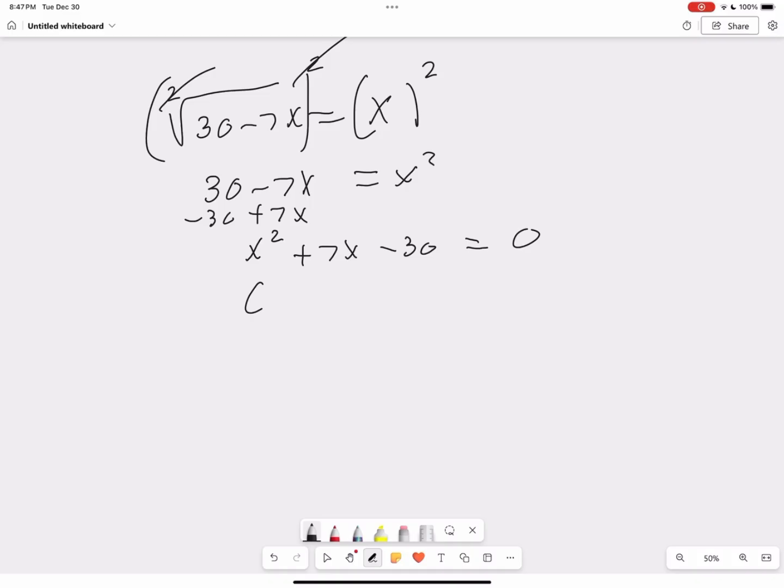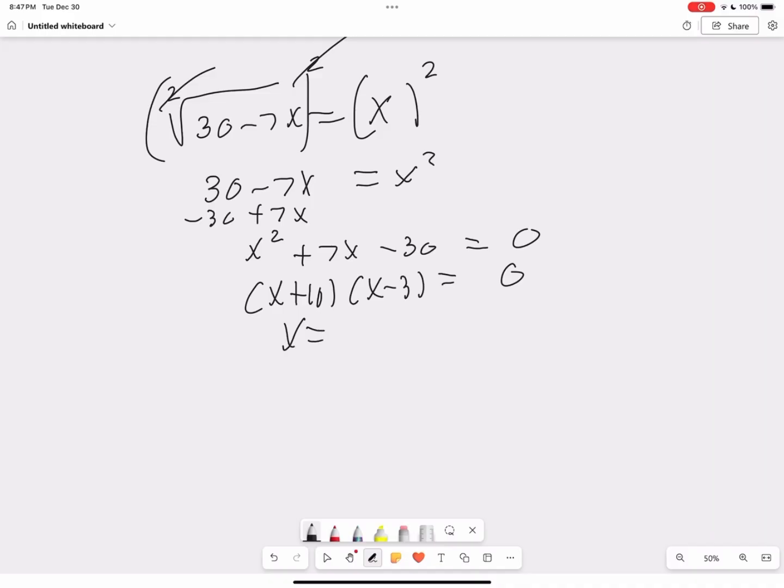What times negative 30 and adds to 7? Let's see. So we get x plus 10 and x minus 3.